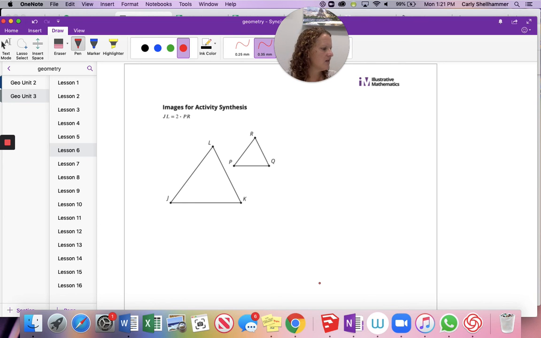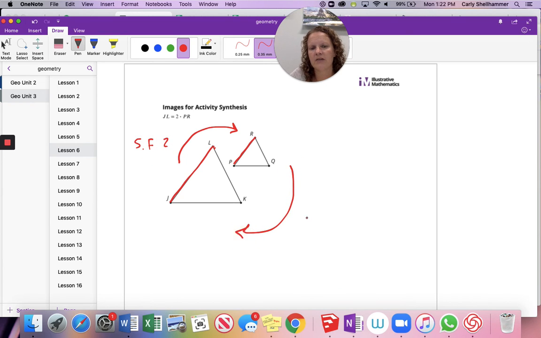For this little image, I just want to talk about JL is 2 times PR. So to go from JL to PR, I have a scale factor of 2. To go from this triangle to that triangle, I have a scale factor of 1/2. But all the angles are congruent. Not to each other, but to their corresponding parts.